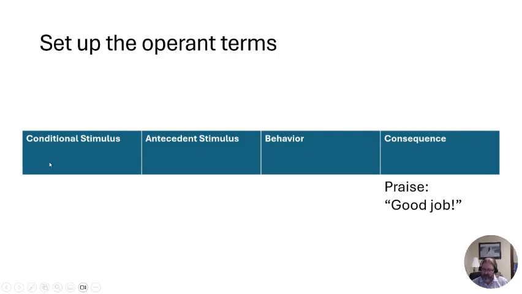And as I said, as long as someone's got the basic idea of operant learning in place, we can work with it. So you could draw this on a piece of paper or on a napkin. We're going to set up our operant terms, and we're going to use a four-term contingency in this case because we're really going to need to use the conditional stimulus. So we've got a space for conditional stimulus.